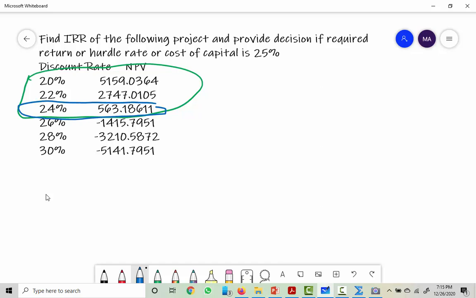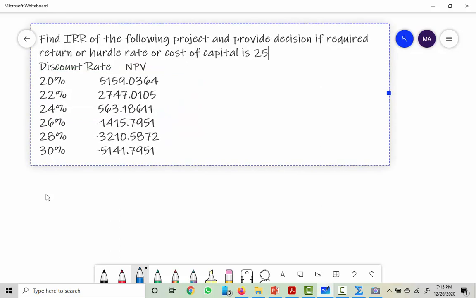So this is the positive NPV that is closest to zero, right? So this is our target NPV. Among all these three positive NPVs, this is the one close to zero.